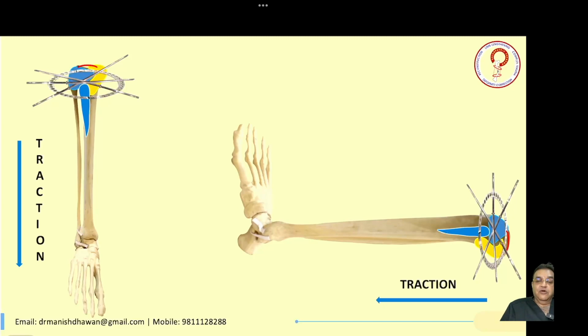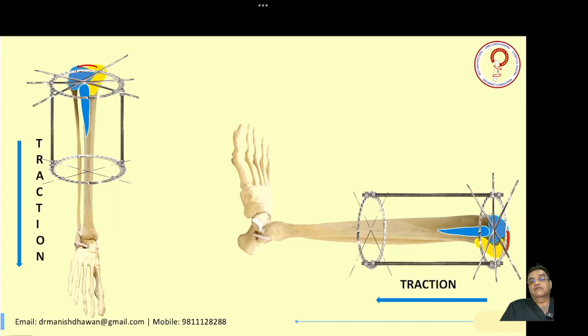Now you apply the proximal ring, fix it with the wire fixation bolts and tension it. Now for the second ring, you use the bayonet wire, put it in the middle, and then you apply the ring. Once this is done, you fix both of them with 4 threaded rods.